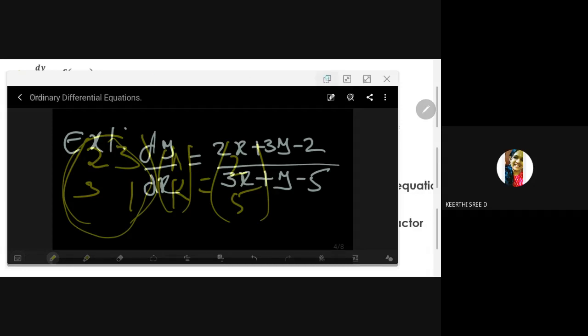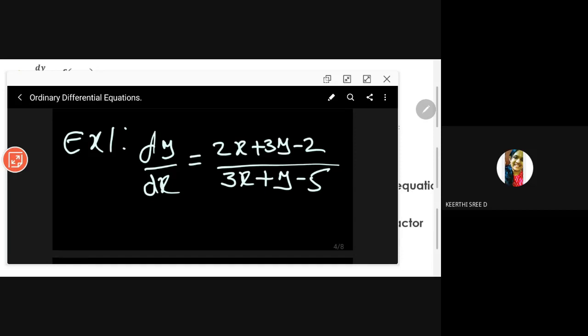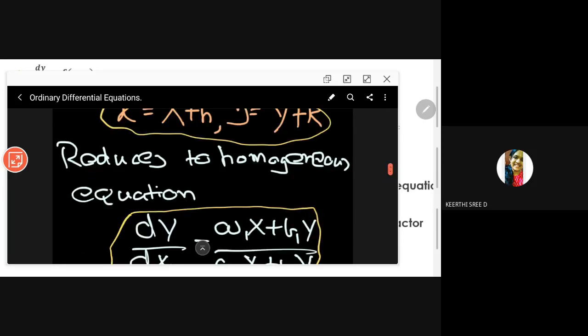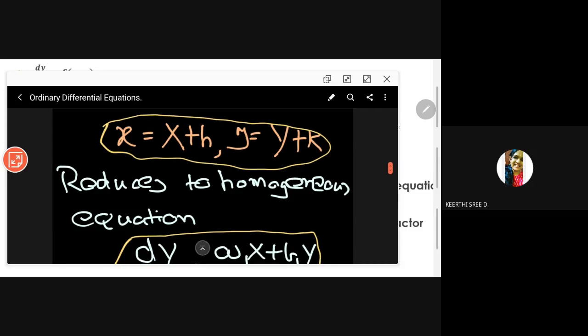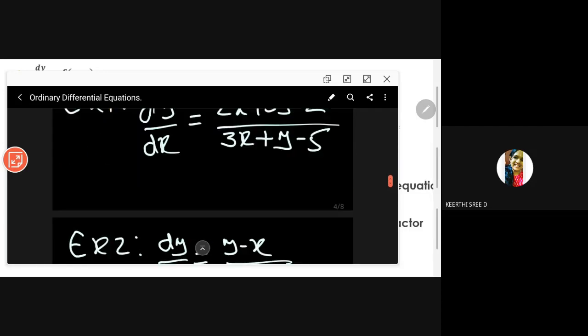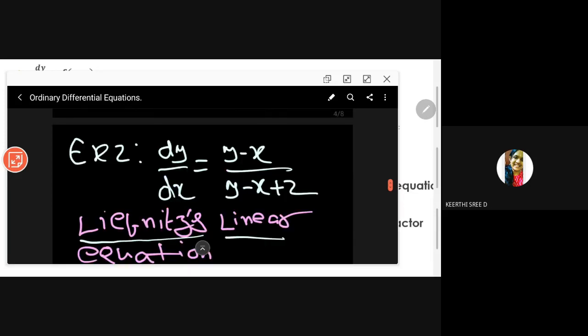And once that h and k is determined, then you can apply this idea: small x is equal to capital X plus h and small y is equal to capital Y plus k, and thereby you can reduce the thing into homogeneous. But in the second one, dy/dx is equal to y minus x, here the determinant is 0.